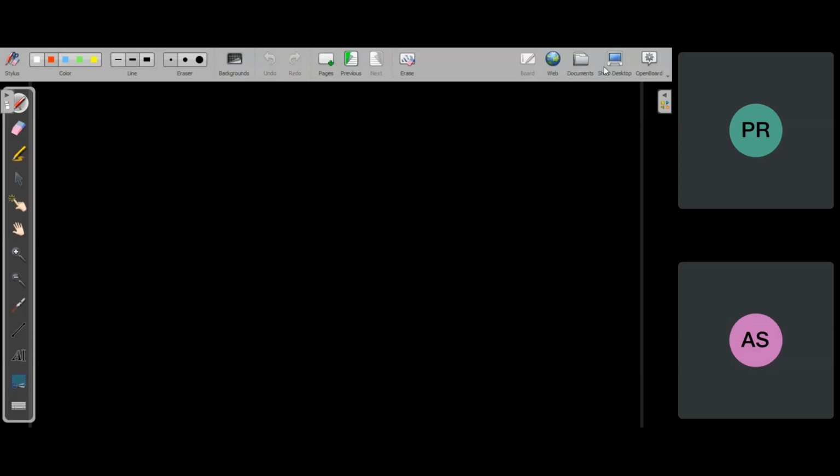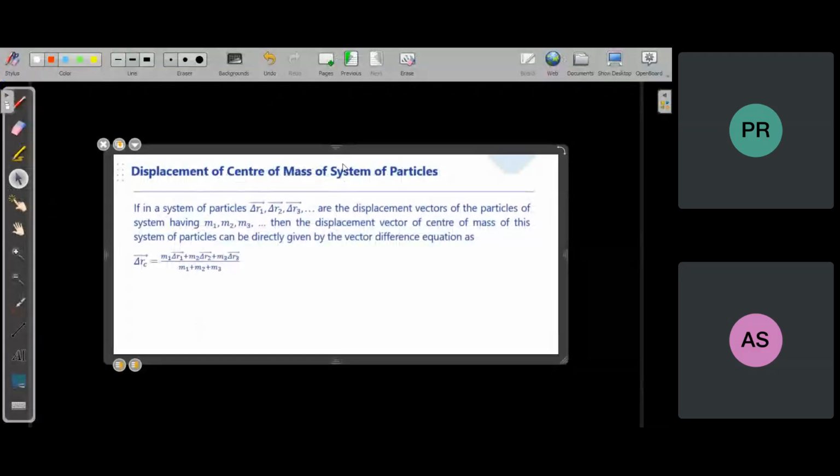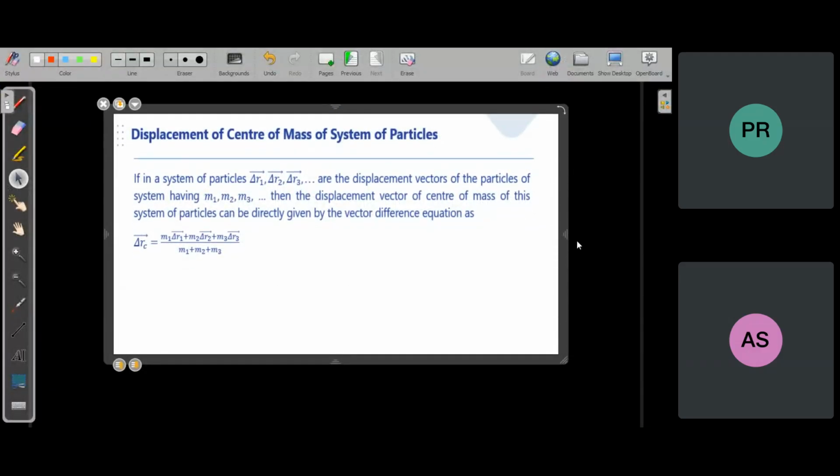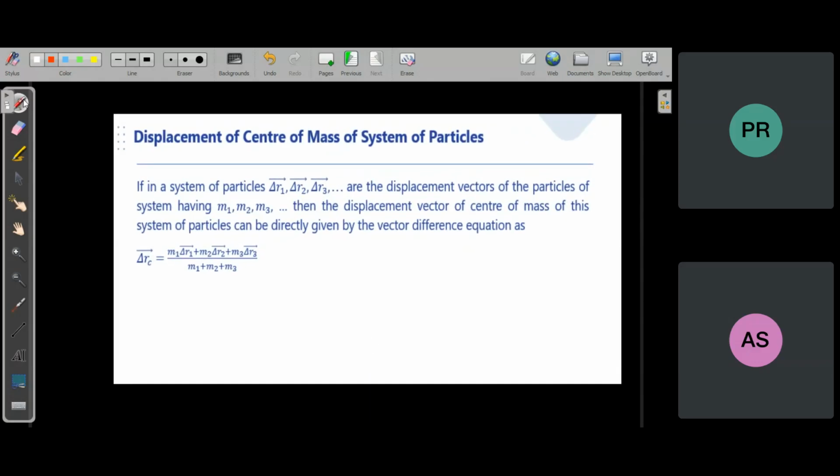Okay, so let's go to the next topic. Now, this is very important for many questions you will see: displacement of center of mass of a system of particles. Displacement of center of mass you can also write in a different way. Suppose the center of mass is moving, so what is the displacement of the center of mass?